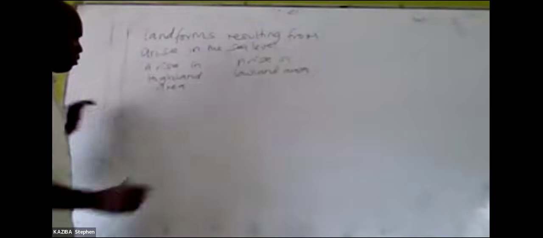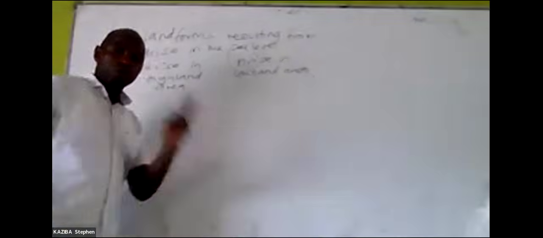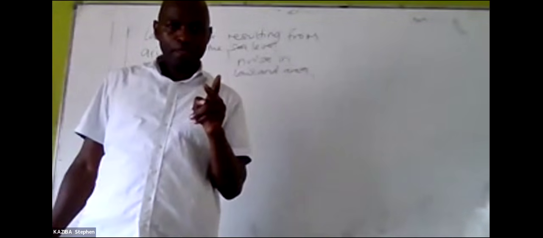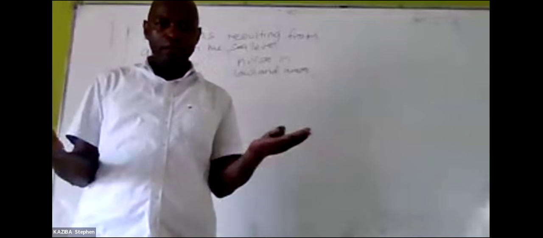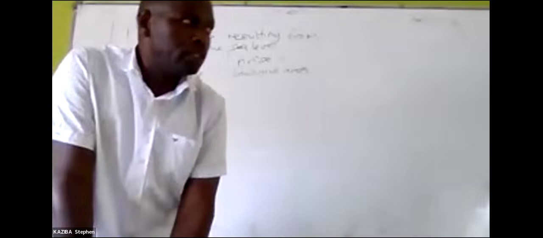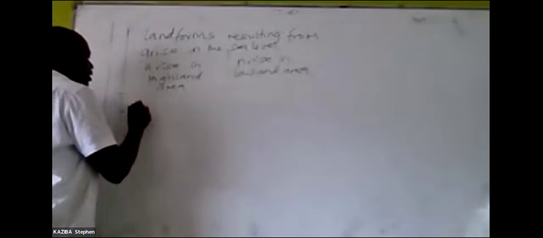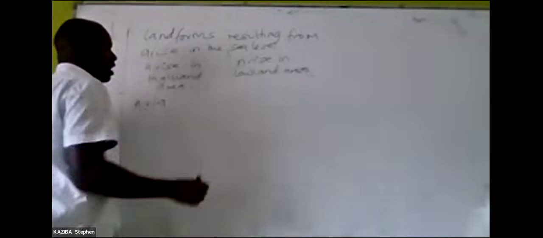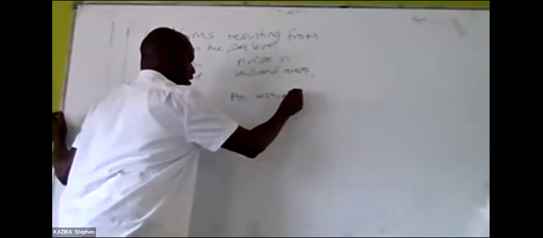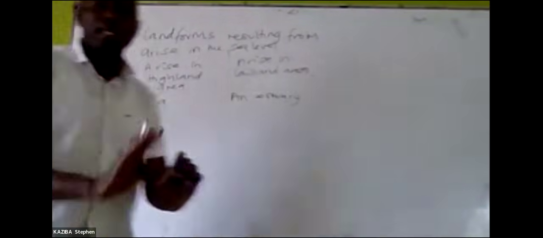Now, where we have a rise, we have two landforms. They are the same, but what makes them different is where they form. The first one is called a ria, and this one is called an estuary. Are you getting it? They are exactly the same.